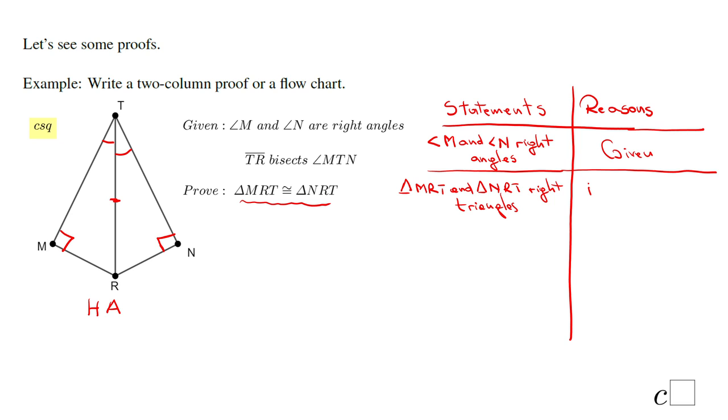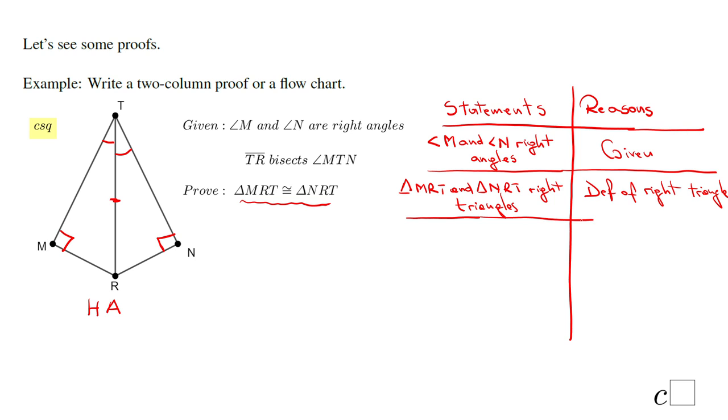So that will be the definition of right triangles. Triangles that have right angles. Okay, so this is the second row.